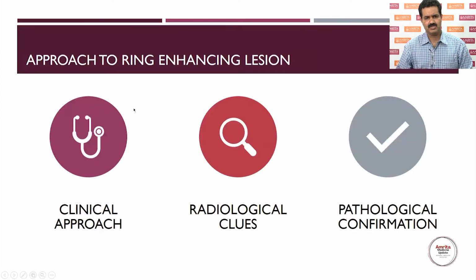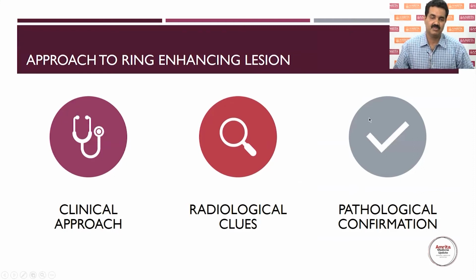So how will you approach a ring enhancing lesion? We should have a clinical approach because we are not seeing the scan alone. We are seeing patients and their clinical presentation. What is their background? How is the headache? What are the other symptoms? We have a lot of radiological clues which we will look into more, and also pathological confirmation in selected situations.